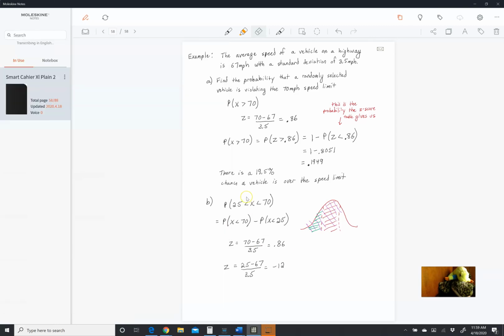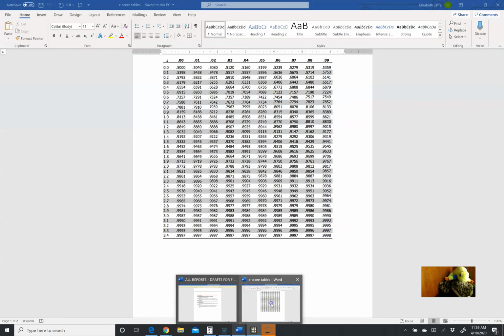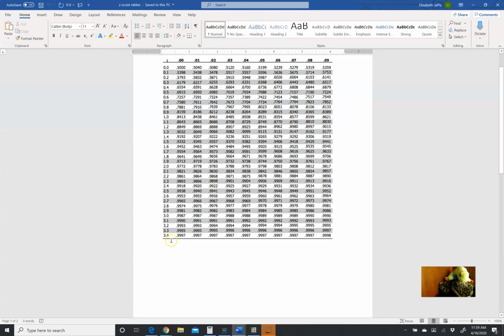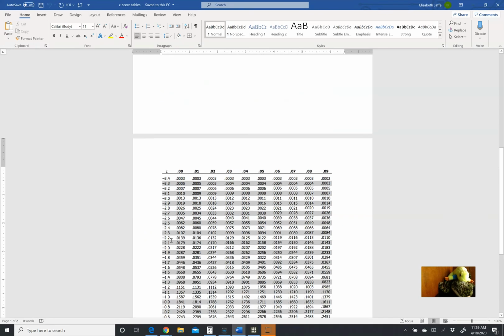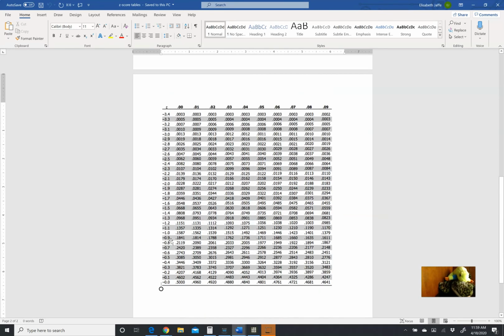I'm glad that we did this problem, that I made it 25. I didn't think about it that much, but it's a good problem because you can see the z-score is negative 12. Our z-score table only goes up to 3.4 and down to negative 3.4.